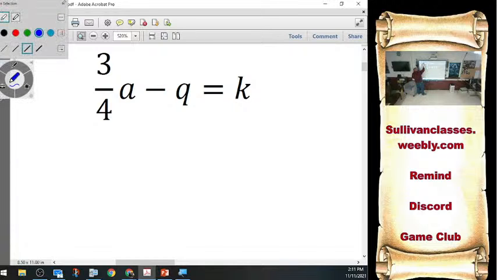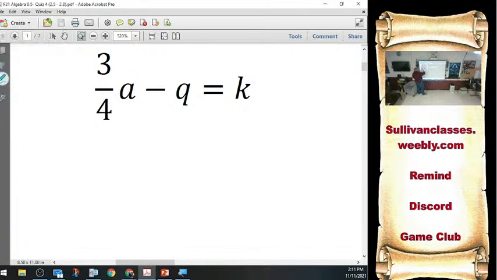So if I want A to be all by itself, who's got to go away? Q. A good chunk of you were doing good with this. Maybe put that little electric fence of doom across that equal sign so you don't accidentally put the same thing twice on one side and make the teeter-totter go la la la la la.